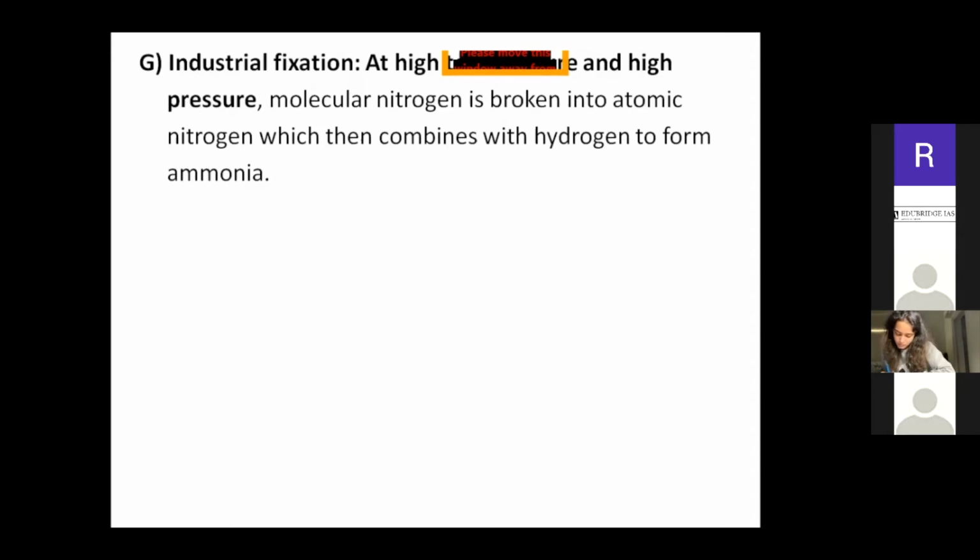Fine. So these are the processes through which nitrogen can be made available to plants or different organisms, and also it can be subsequently released back into the atmosphere or the environment.